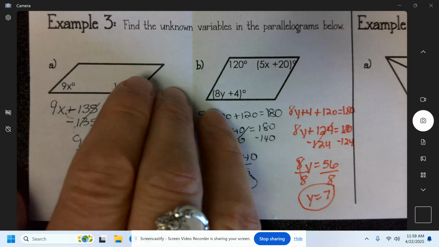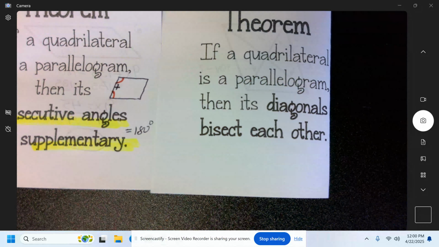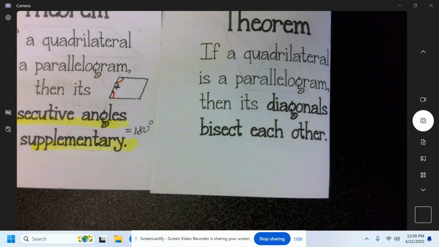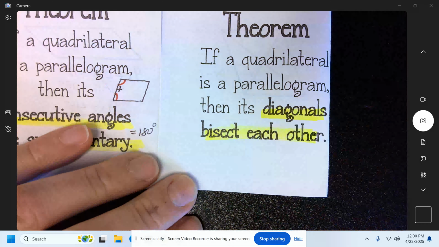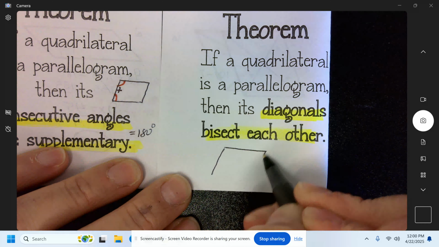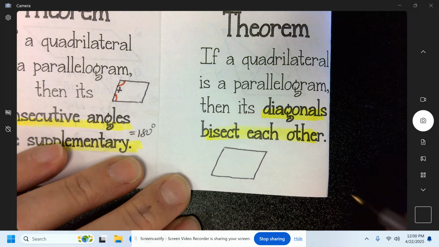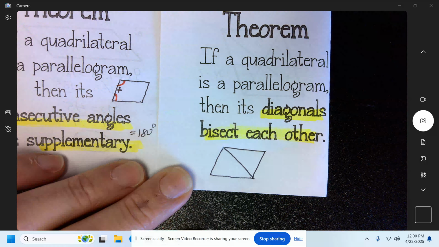Okay, we've got one more set of theorems to look at for parallelograms, and that is over here on this side. If a quadrilateral is a parallelogram, then its diagonals bisect each other. So let me show you what we mean by that. If we draw us a parallelogram down here, a diagonal looks something like this, goes from one corner to the other like that.